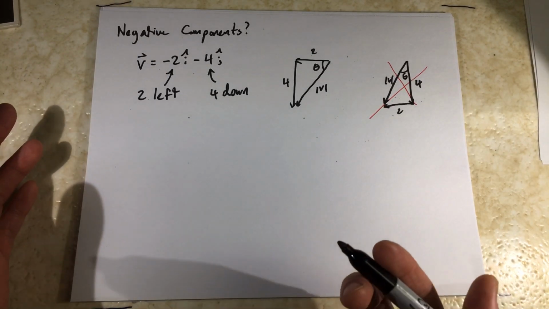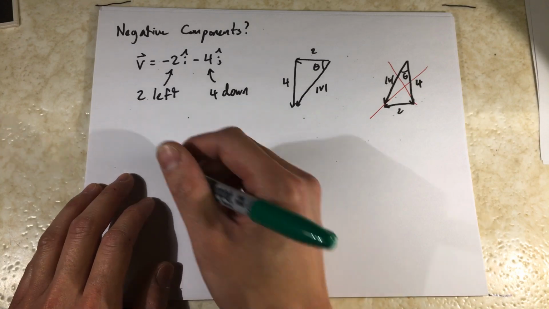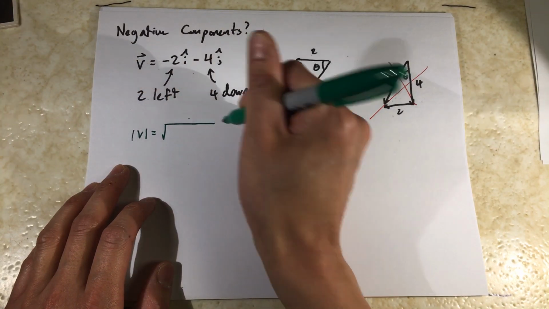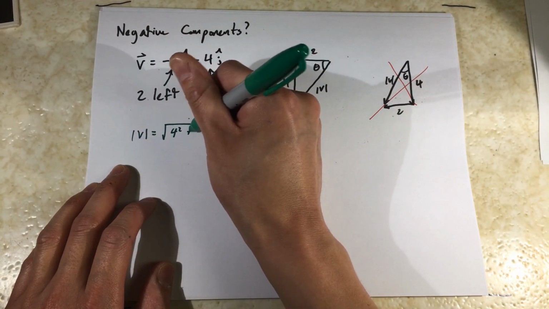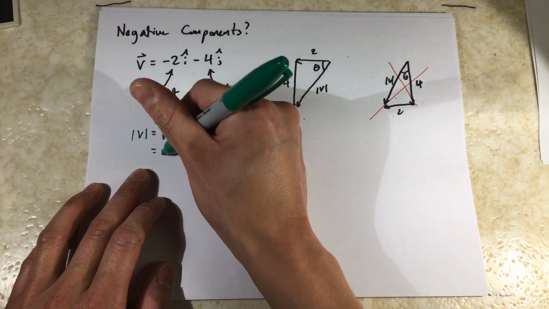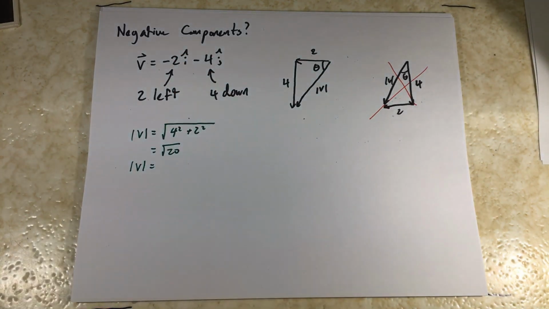All right. But again, it's the same basic idea if we use the magnitude here. Using the Pythagorean theorem, the square root of 4 squared plus 2 squared is equal to 16 plus 4, the square root of 20. And so the magnitude is equal to square root of 20.